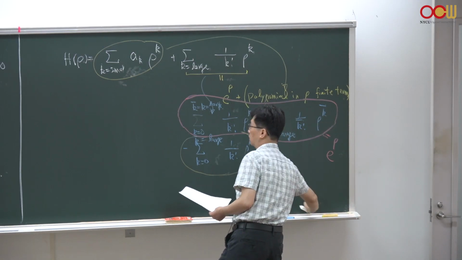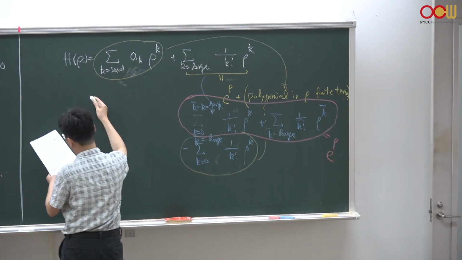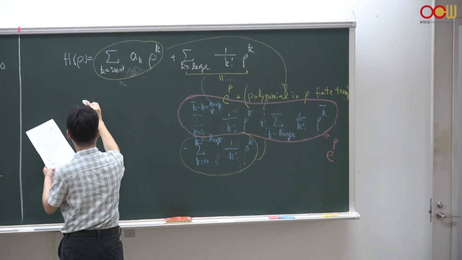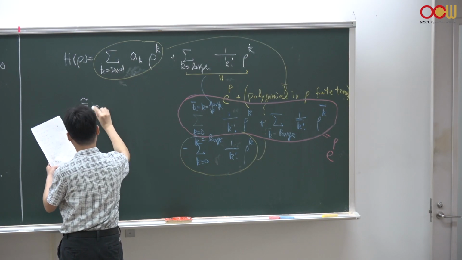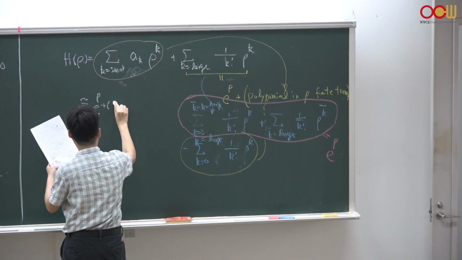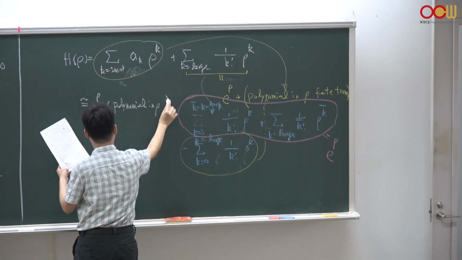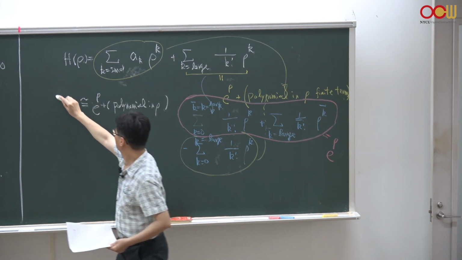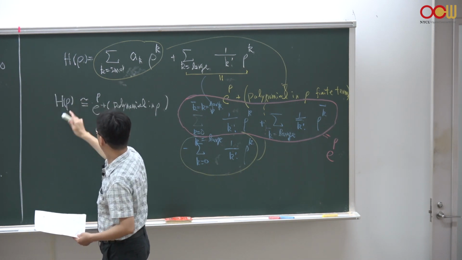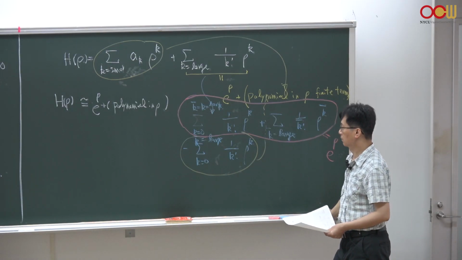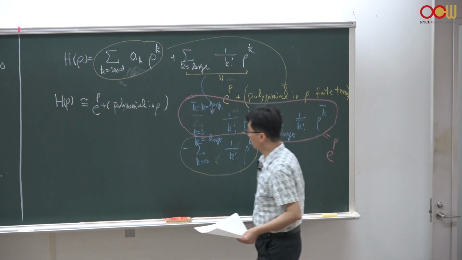So now let's rewrite this h polynomial in terms of an exponential, which is roughly e to the power of rho plus a polynomial in rho. This is what we can do at this point to find out what h of rho is.